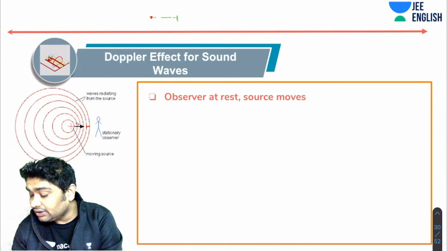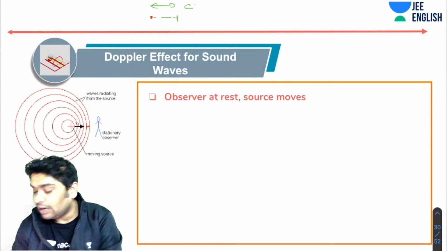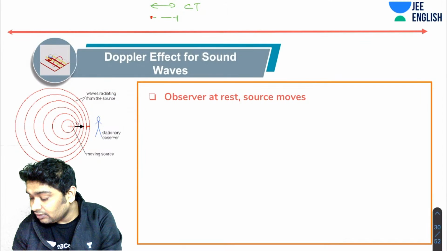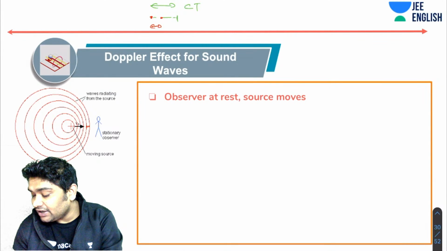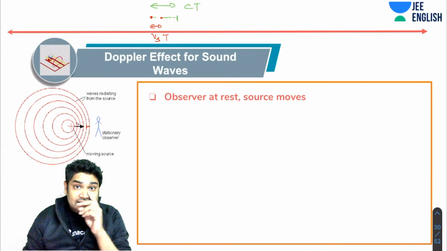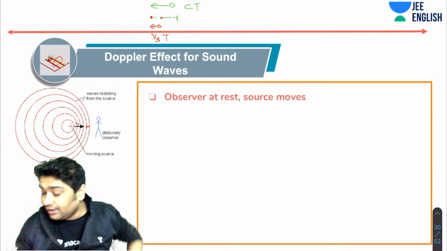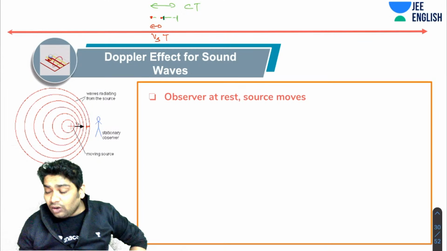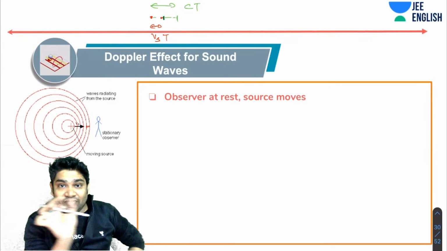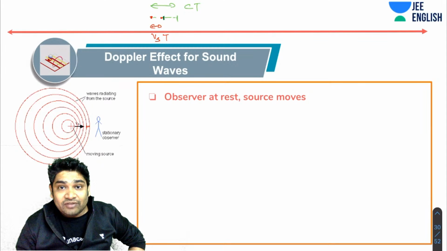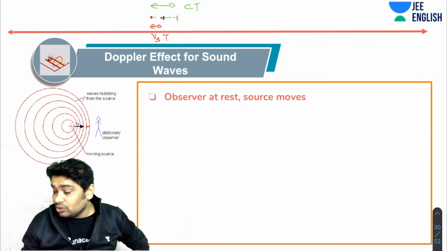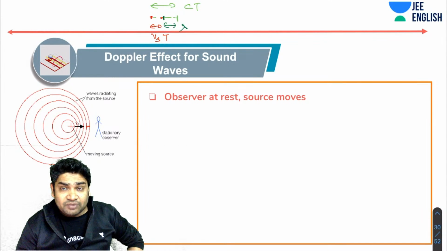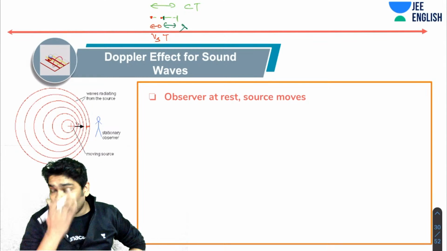So in time T, this wave would have traveled a distance of c times T. In time T, the source would have again traveled forward with a speed of Vs, so this distance would be Vs times T. And this is where it will emit the second wave. Once these two are emitted, both of them will move with c only, so the distance between them will never change now. This is the apparent lambda. The distance between the two consecutive waves is changing, and that is what we are calling apparent lambda.